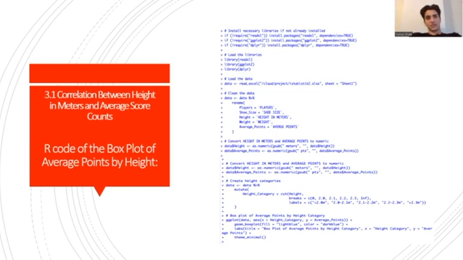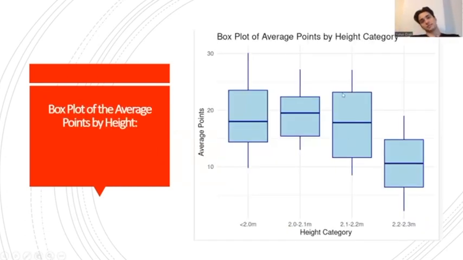So it is basically what we did in the R code of the box plot of the average points by height. Let's see the result. And it is how it looks actually. In this box plot, you can see the median lines here, and we cannot make a conclusion from this box plot, but also we cannot deny that there is a tendency to the negative side.